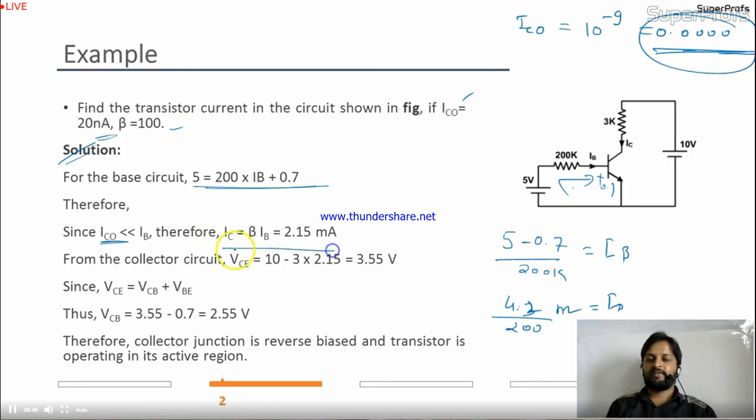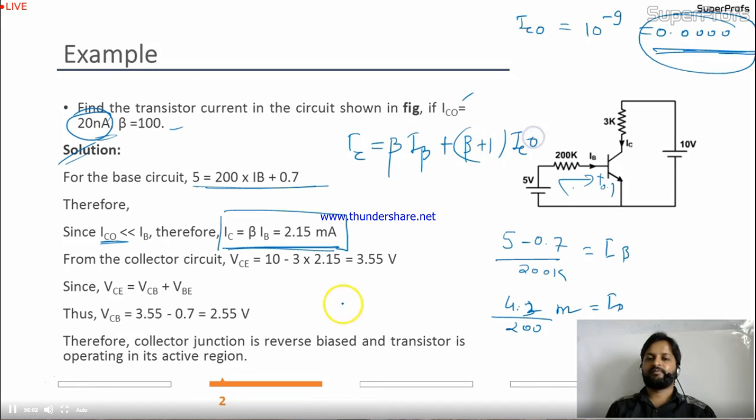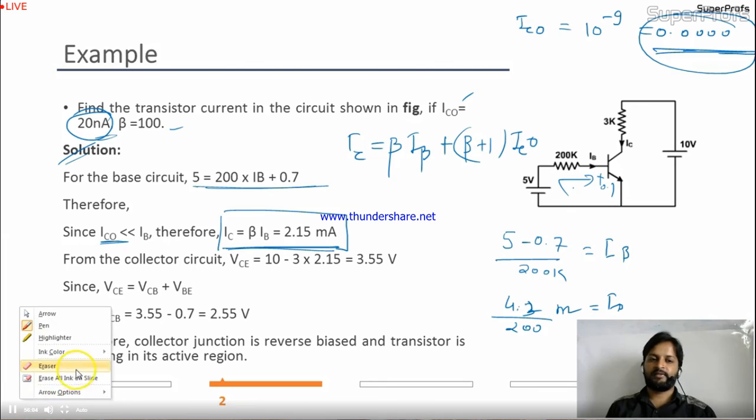So therefore IC is equal to beta IB. See, IC we have seen is beta IB. Is it okay? If this ICO is considerable, then the formula will be (beta plus 1) times ICO. This is the actual formula.